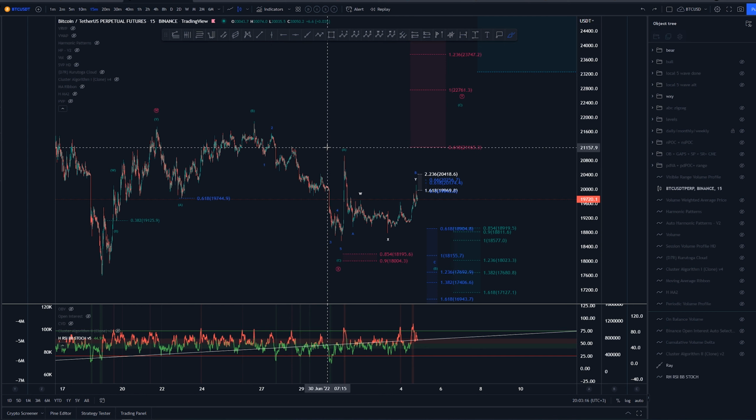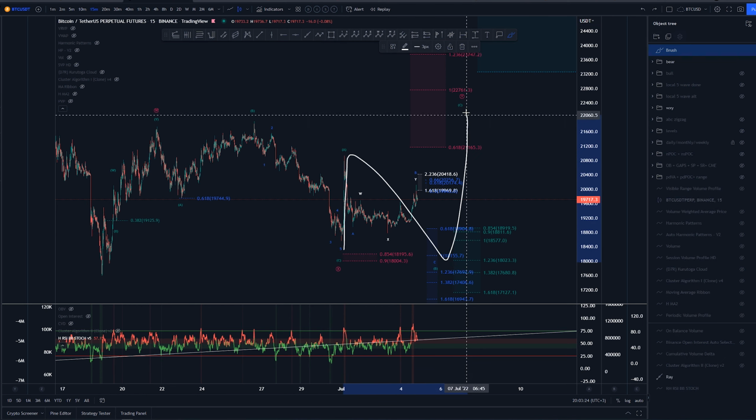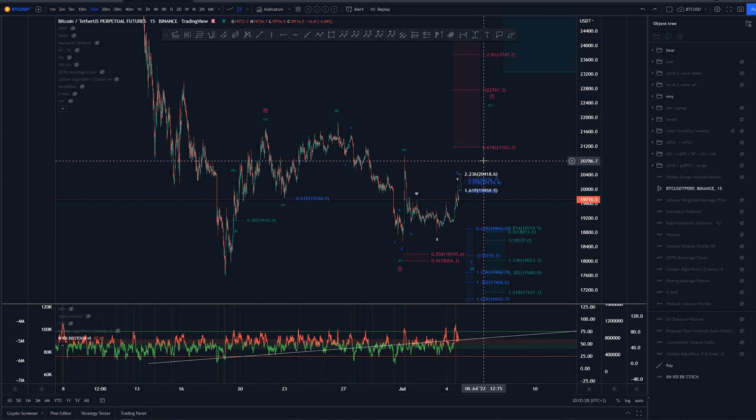But we'll see that in time. At the moment, I'm satisfied with having the wave X ending here, and now we would be looking for some kind of three-wave structure here to end this count. But again, that is pretty much everything I wanted to cover here on this Bitcoin video.